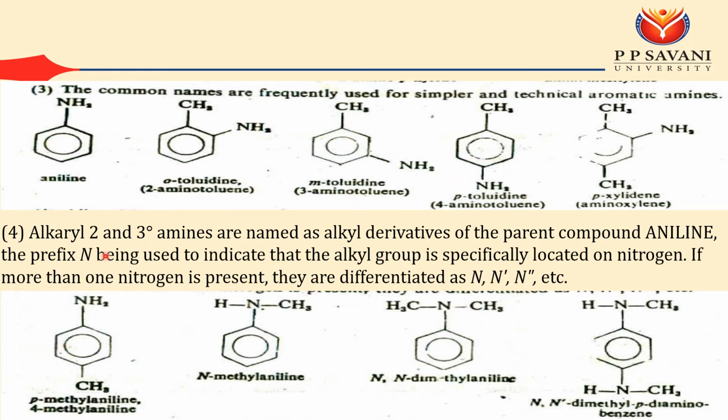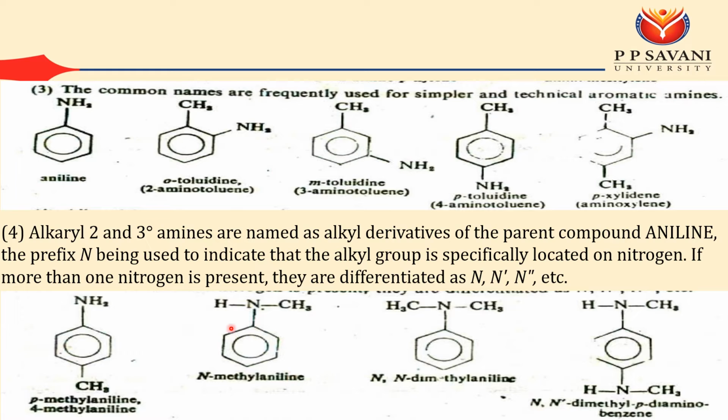If you have a secondary or tertiary amine, you can use a prefix like N, or N dash, N double dash. For example, here it is simple: you can write paramethylaniline.